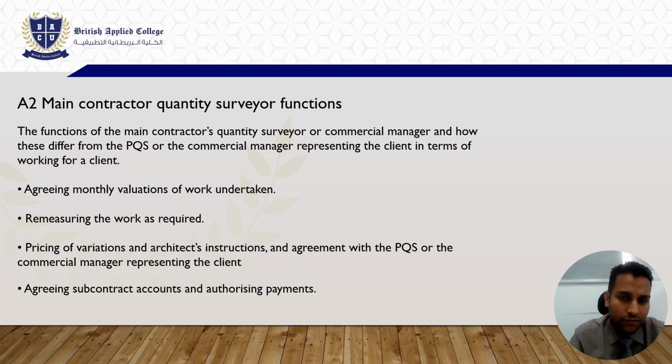Provisional sums would be added to it, and you will get a monthly valuation. He needs to go through that valuation and check whether it is sufficient to conduct the monthly construction duties.